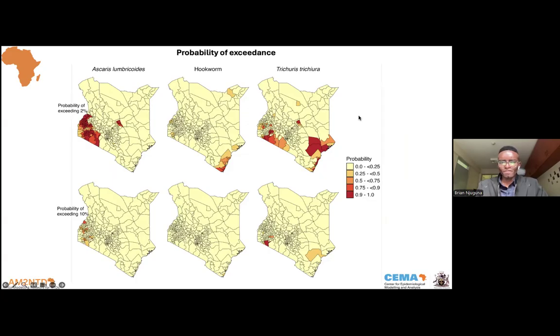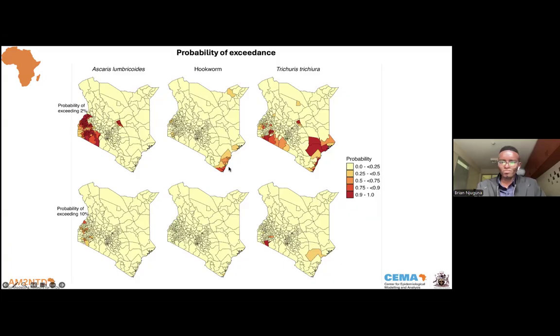And so we set out to investigate which of these areas had a high probability of exceeding this 2%, so that we can target interventions in these areas. We saw that most of the areas around the Lake region or Western had a very high probability of exceeding 2%.